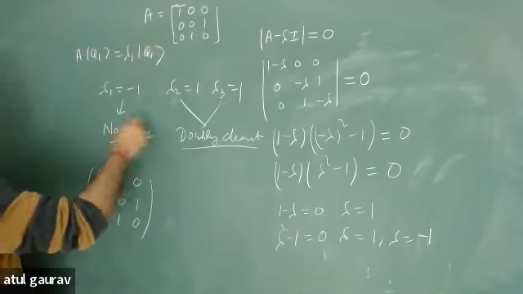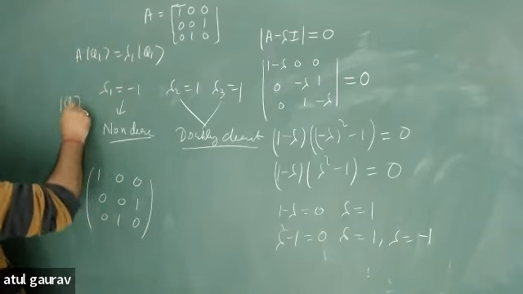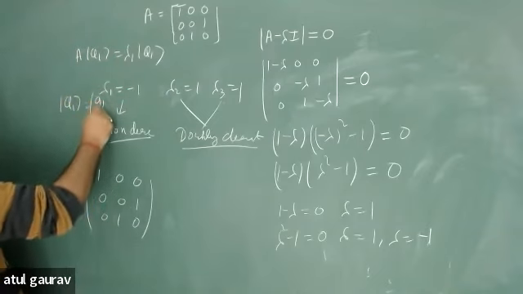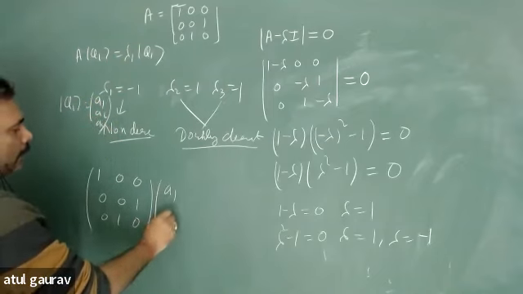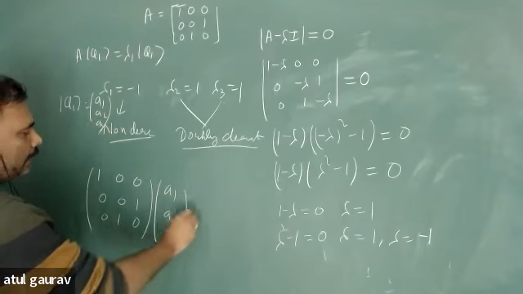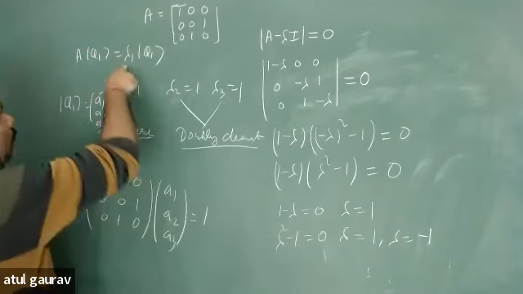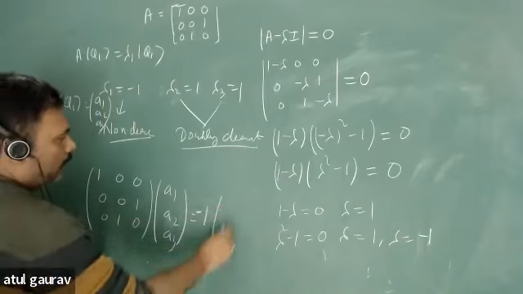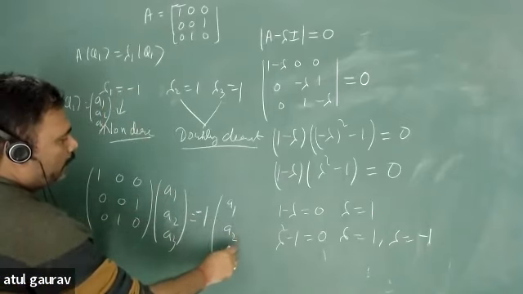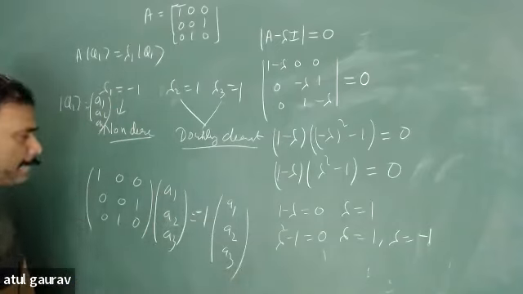So I can choose my phi 1 as A1, A2, A3, with lambda 1 equal to minus 1.